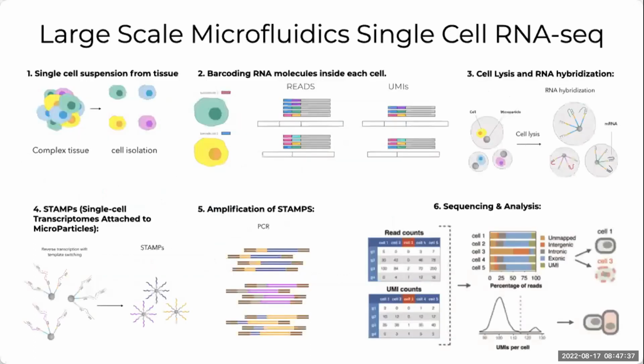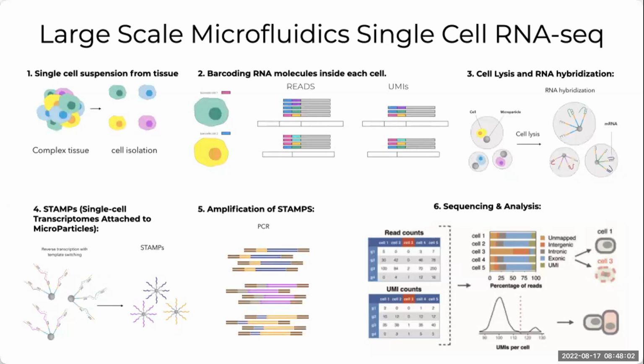When we use these microfluidics based methods, because of their high throughput output and the ability to automate the systems, we can apply these at large scale for single cell RNA-seq transcriptomics methods.